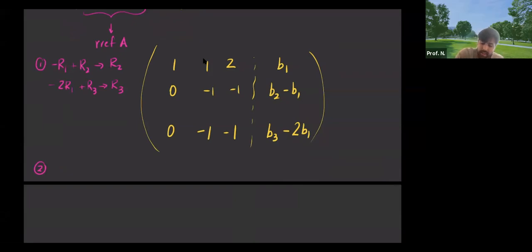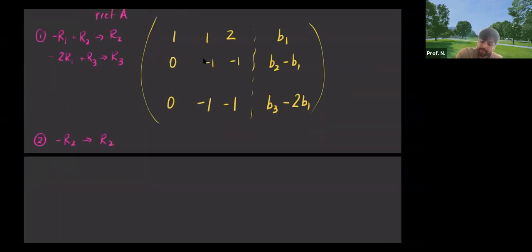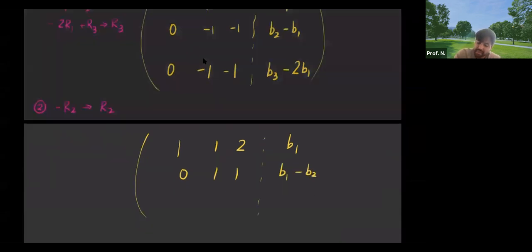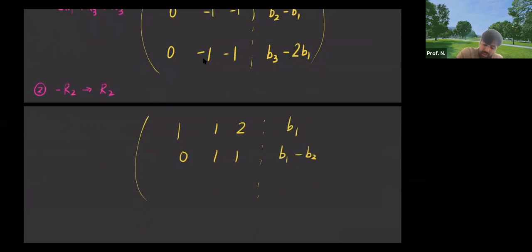So that's one thing. The second thing is if I want to make this into a +1, this becomes -R2 to R2. This becomes 1, 1, 2, B1. This is 0, 1, 1, and this becomes B1 minus B2 because I'm switching the signs. And then I'm just gonna add now R2 plus R3 to R3.